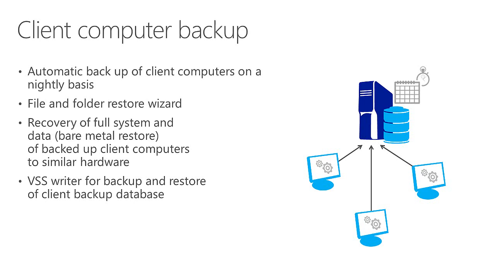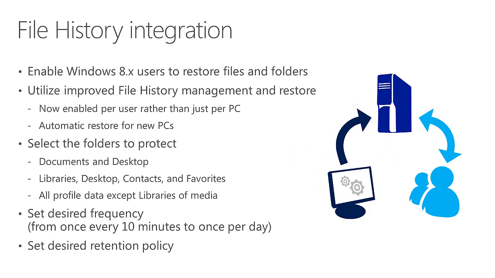You can simply wipe that out entirely and restore it to a full backup from before the weekend started, so you can go back to last Friday's backup or whatever is most appropriate, and completely eradicate any of the problems that may have occurred. It also supports the Volume Shadow Copy Service, the VSS writer for backup and restore, so that it's a very robust protection. Next, we also have File History integration.